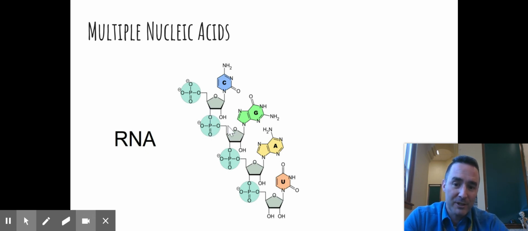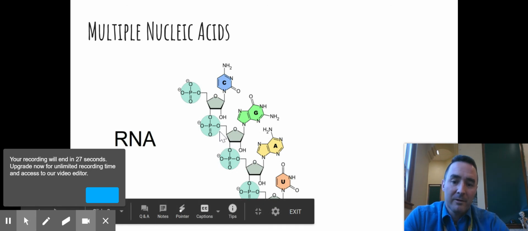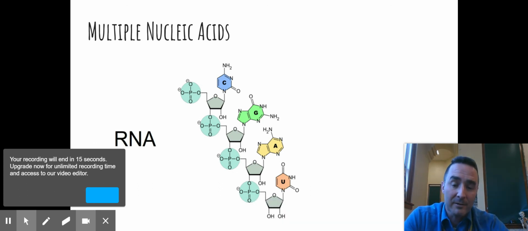New phosphorus, 5. Here's your sugar, base. Next phosphorus connects at the 3, links through the 5, sugar, base. And it just repeats over and over and over again.